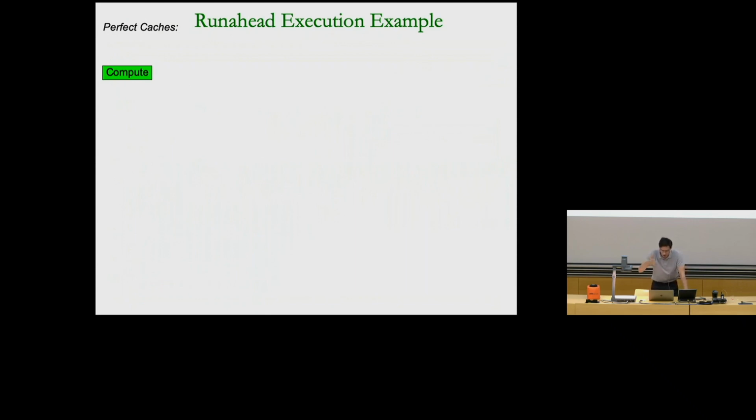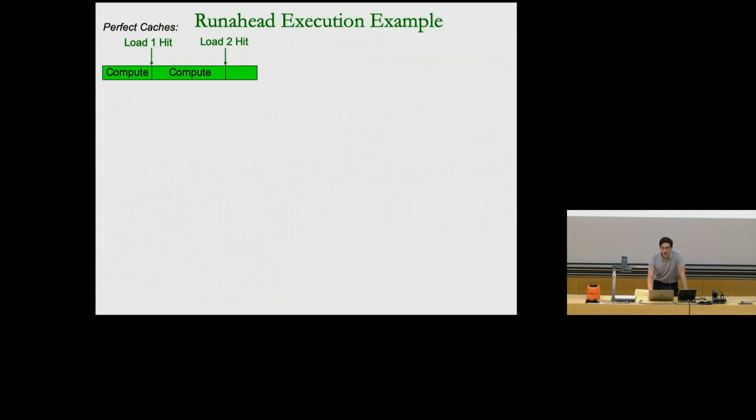If I have a perfect cache, the CPU will be doing some computation, executing instructions, represented here by this green box, and then we will have a memory access, for example here, one load, a certain value that I need from memory, and because the cache is perfect, I find it in the cache, so it's a hit. Right after that, we continue with the execution, and then another hit in a different memory load, and then some more computation.